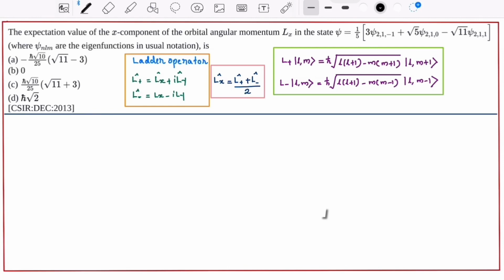We have to find out the expectation value of the x component of the orbital angular momentum Lx in the state psi.